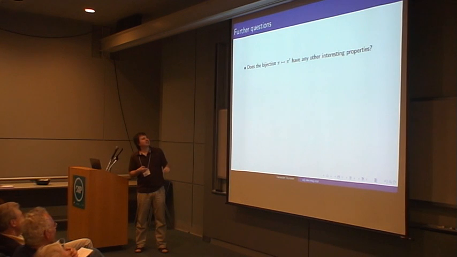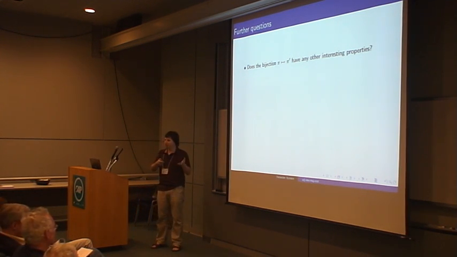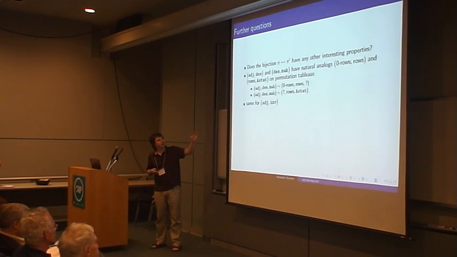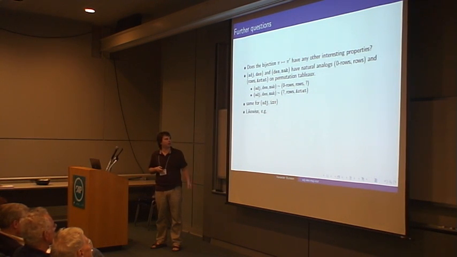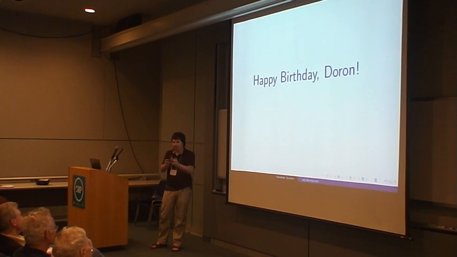One question I have is, this is such a pretty map that I wonder, is it like a one-trick pony, or does it have any other interesting properties? Is it only good for this, or maybe it's good for something else? And then there's some analogs in permutation tableaux that maybe you can extend to those triples, and I'm not sure how, and then you can just continue. There's a whole lot of them. So there's my little handmade present. Happy birthday.